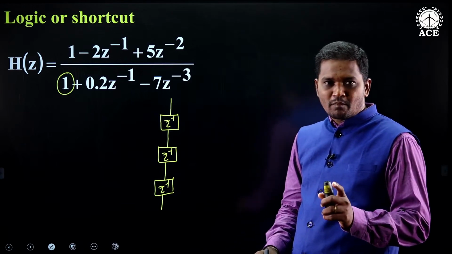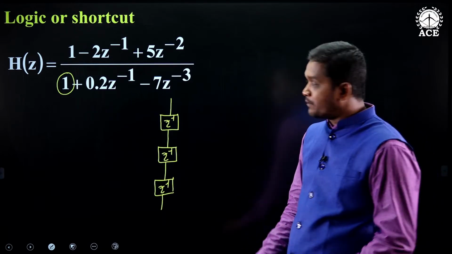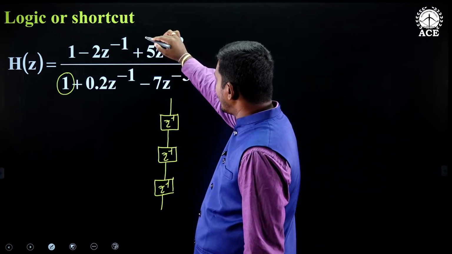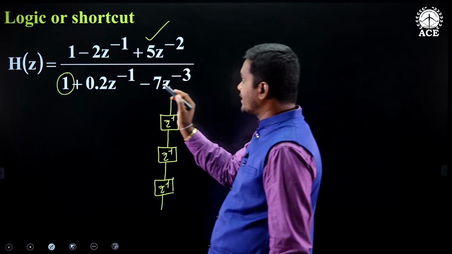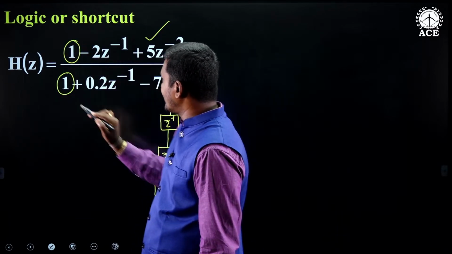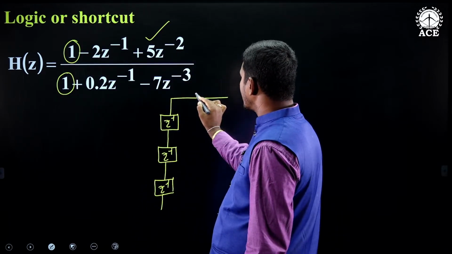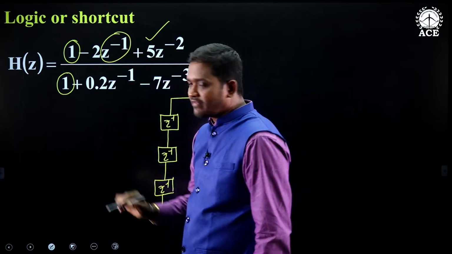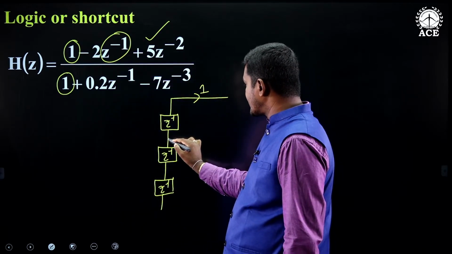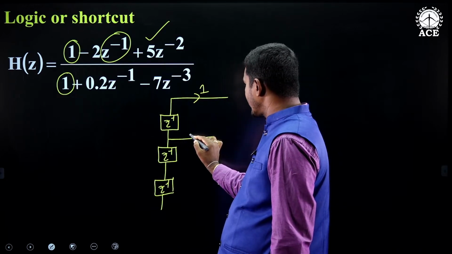Students, please understand, this logic is very important for the next cascade and parallel forms. Numerator corresponds to the output side. What is the first value? Constant is 1. Next, Z inverse, multiplication factor is minus 2.